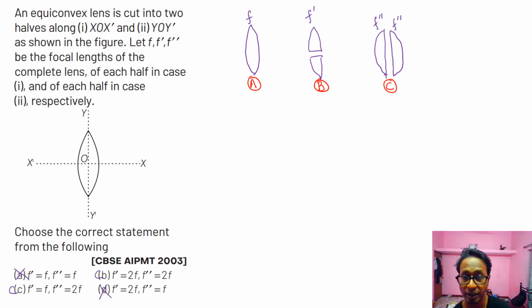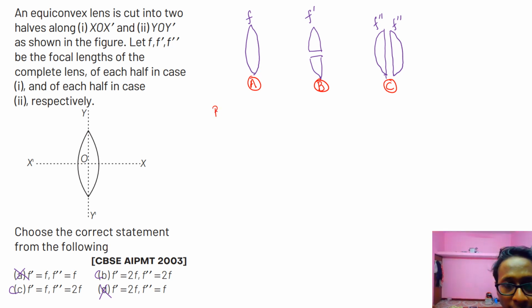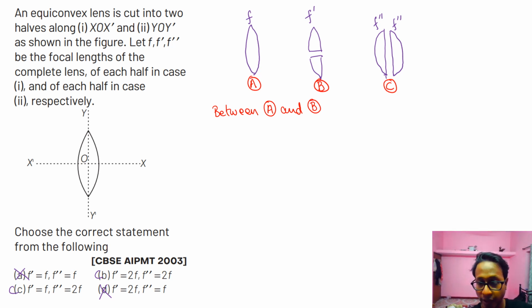Now between A and B, there's an important theory that you have to know. See, suppose this is the lens.